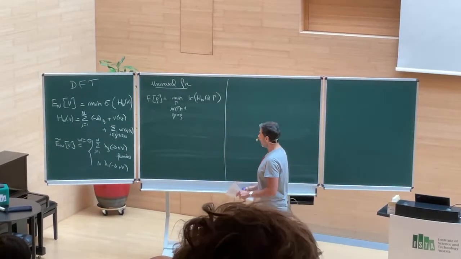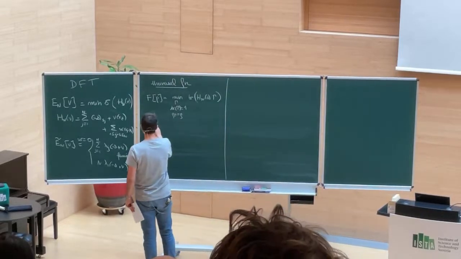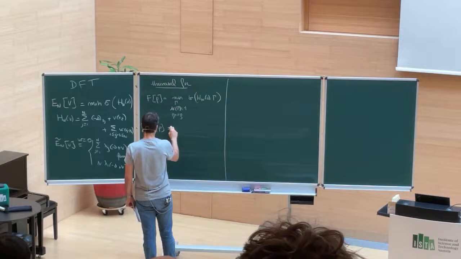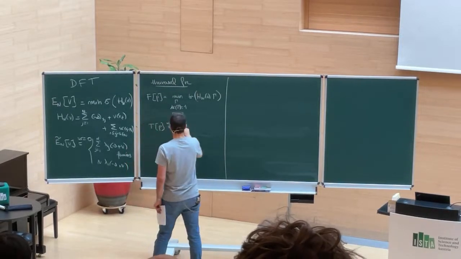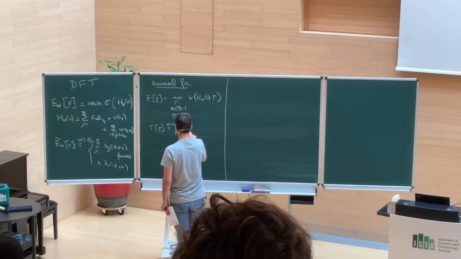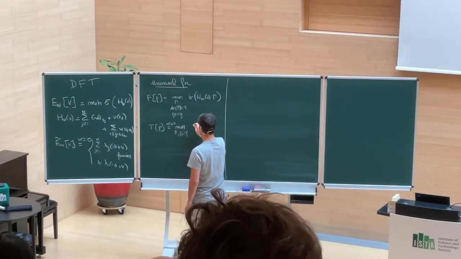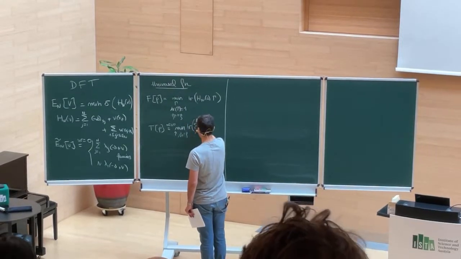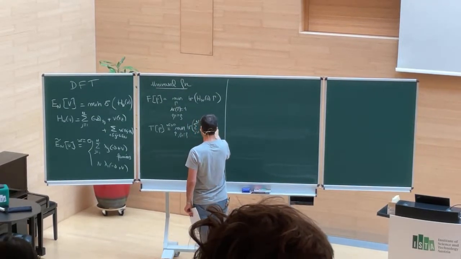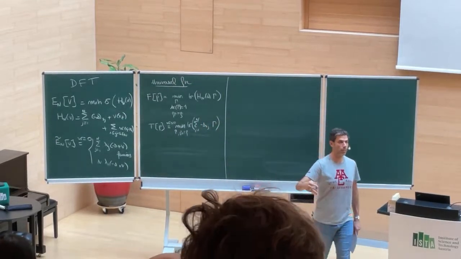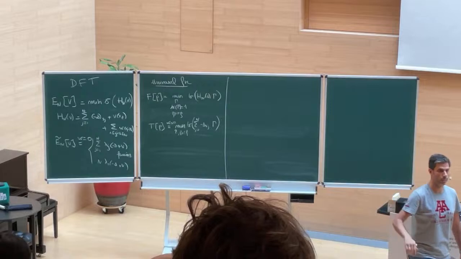Very good. And then we also introduced the T of ρ, which is the same where W is equal to 0. So the minimum over γ, with ρ_γ equal to ρ, of the trace of the sum, j equal 1 to N, of minus Laplace_{x_j} γ. And of course, everywhere we assume that we either restrict to fermions or to bosons.